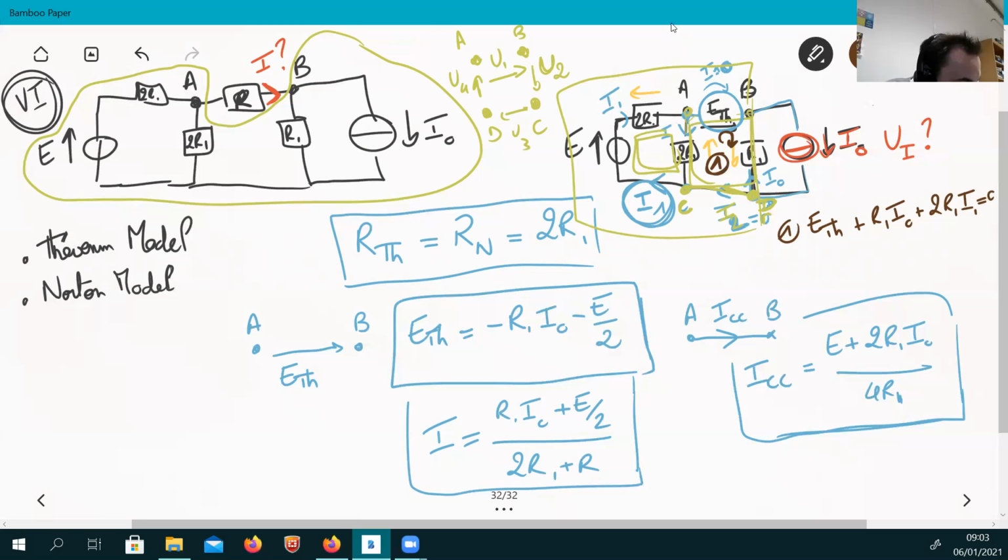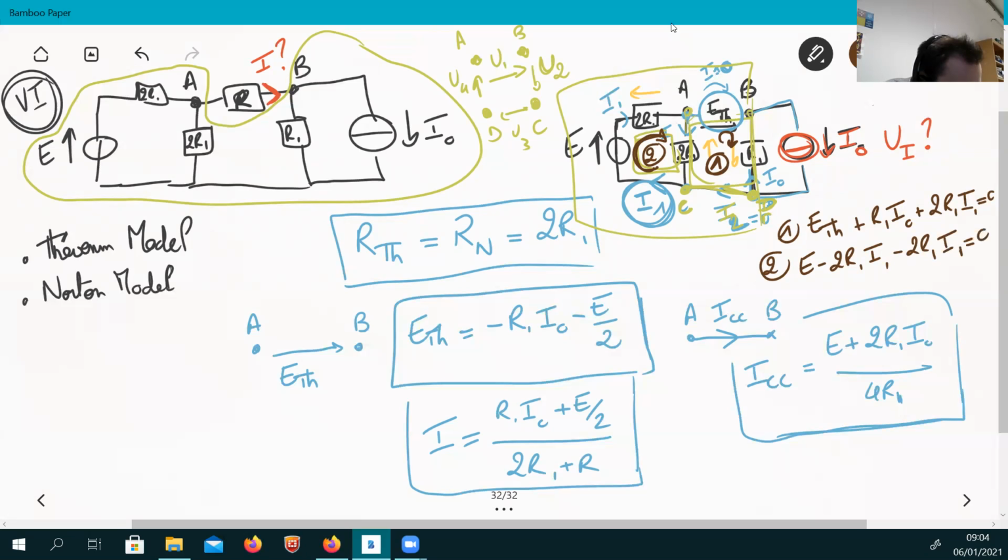You can go in this second mesh here. I'm going to go this way. So I have E minus 2R1 I1 minus 2R1 I1 equals 0.